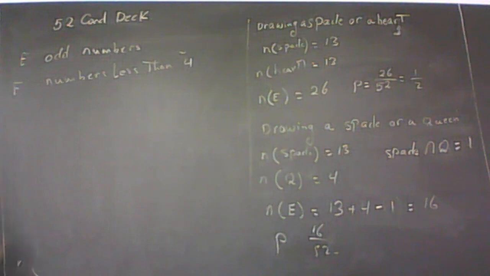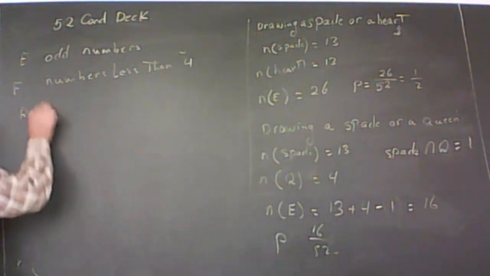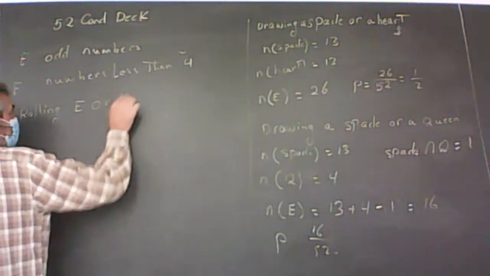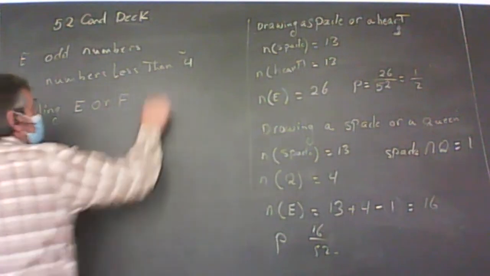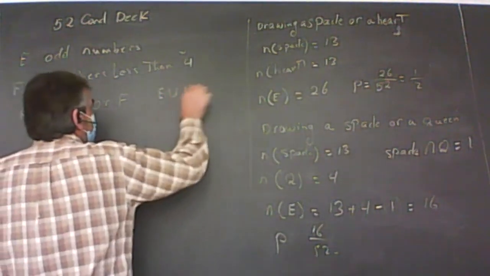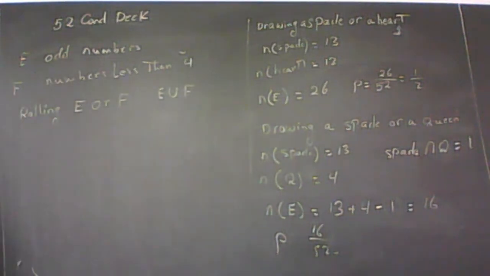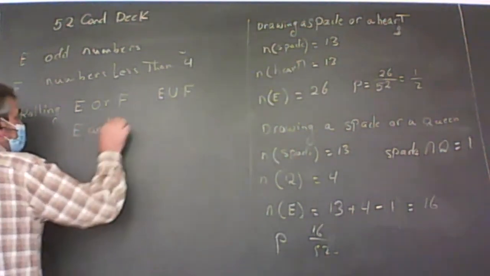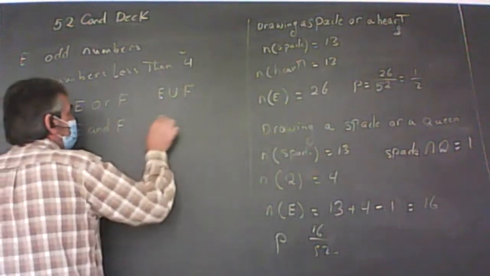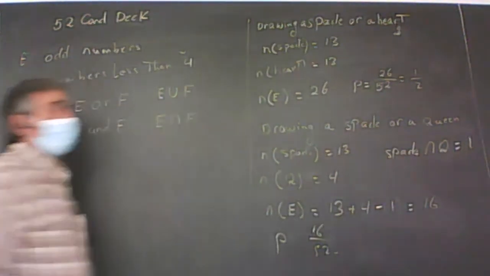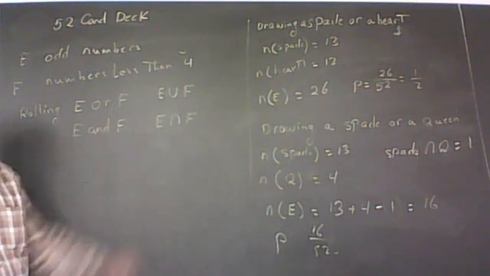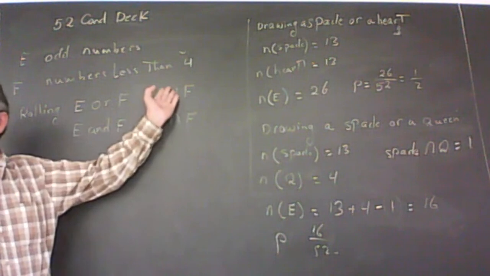Now, what is E or F? E or F means E union F. If I were to say E and F, that would be E intersection F. Yes? So when we have and, it is an intersection. When we have or, it is a union.